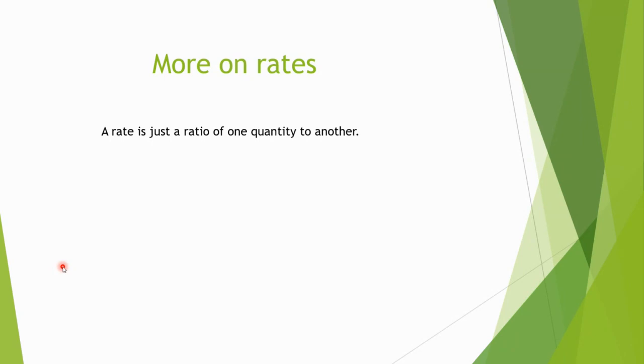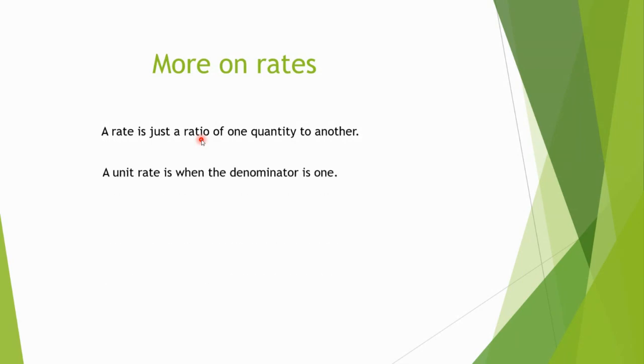Another one I said also was when you go to the grocery store and you're buying, say, fruit or something, it's like $1 per pound or $3 per pound. Or if you're buying apples, let's say, it's $2.19 per apple. Those are rates. So rates are all around us. And again, it's really just a ratio, which you can think of as a fraction of one quantity to another.